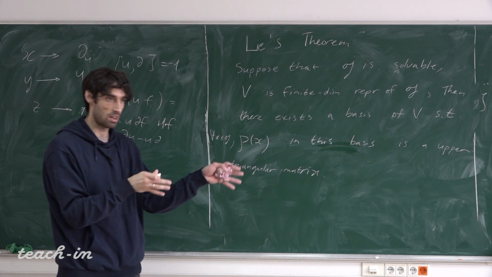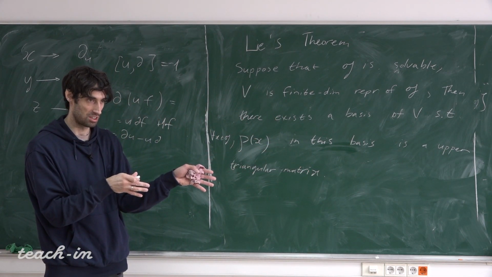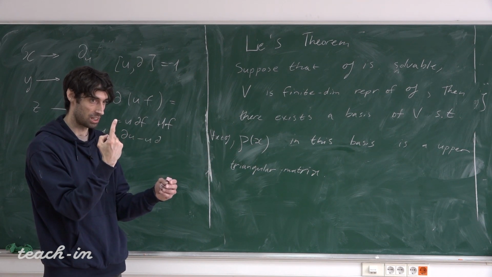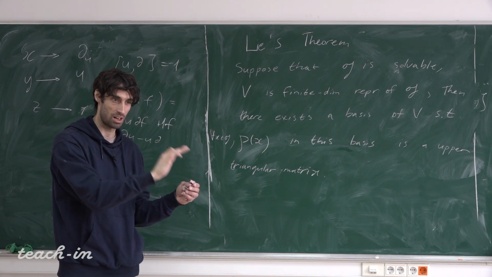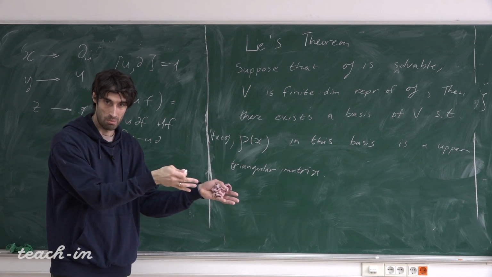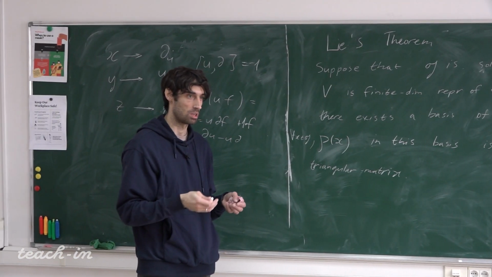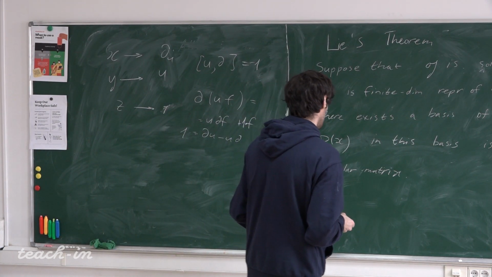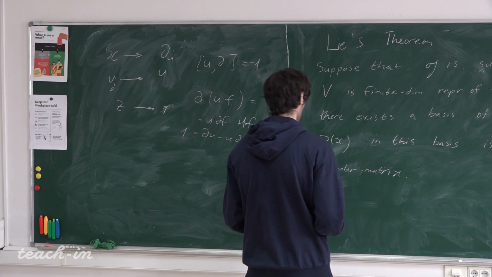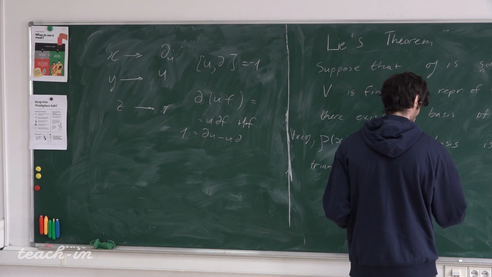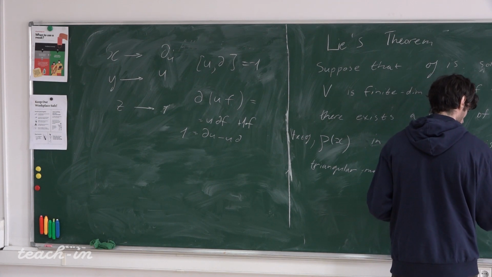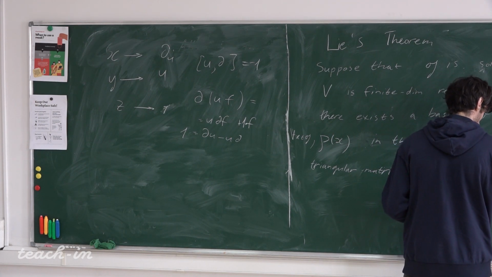So the basis is the same for all elements in G, right? There exists one basis for all elements, such that all these elements are mapped by the representation to upper triangular matrices. And let me remind you, rho is the corresponding homomorphism from G to GL(V).